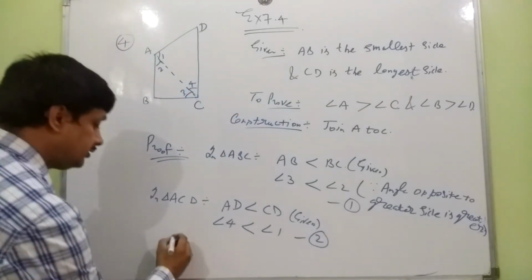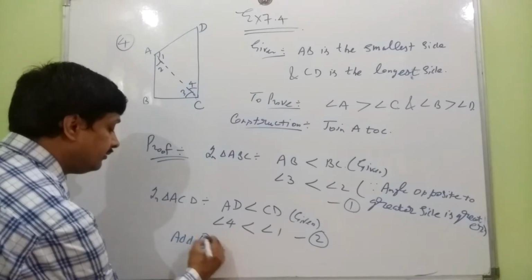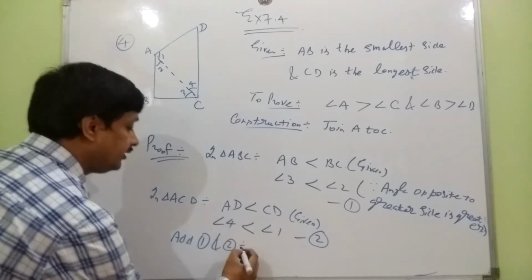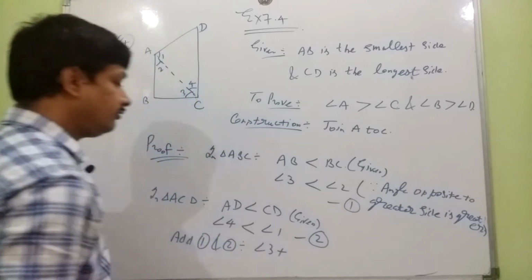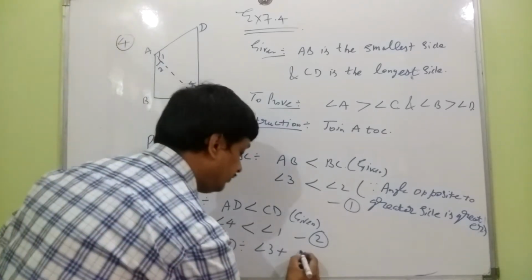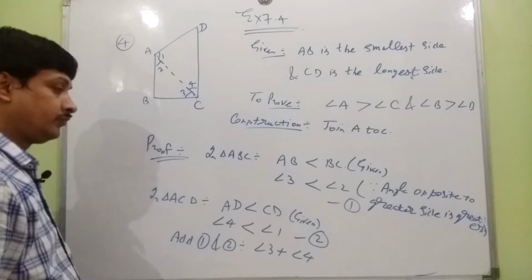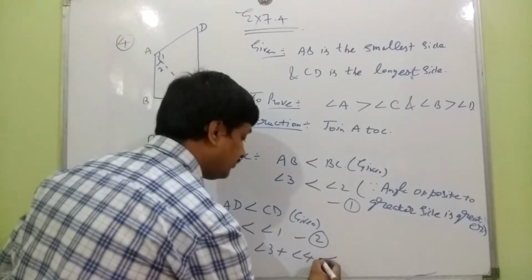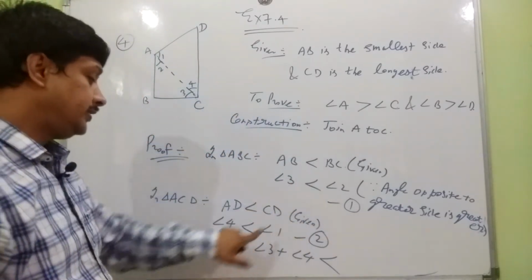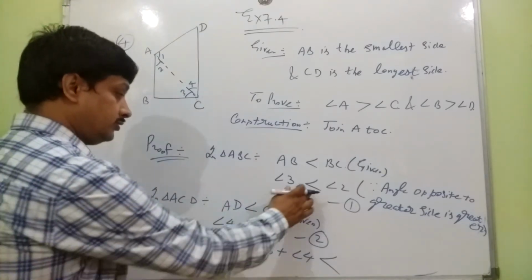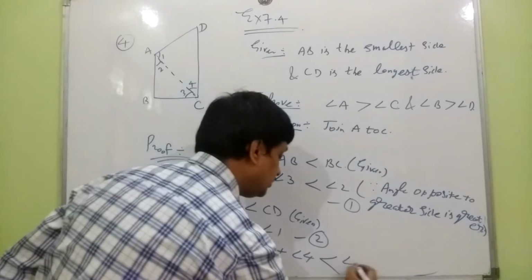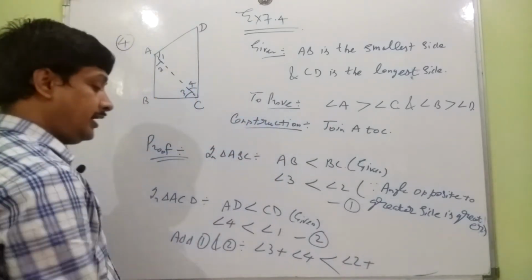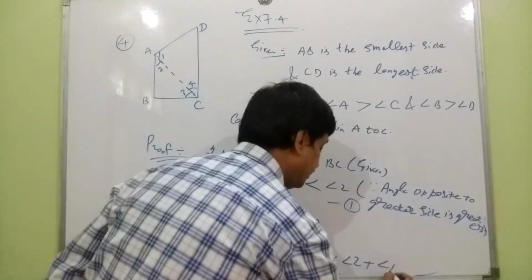Now you just add inequality number 1 and inequality number 2. Angle 3 on the left side of inequality 1 and angle 4 on the left side of inequality 2 are smaller. The sign of inequality should be the same. On the right side we have angle 2 in inequality number 1 and angle 1 in inequality number 2.